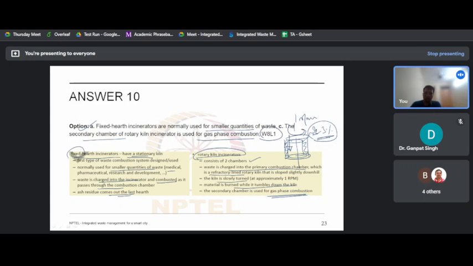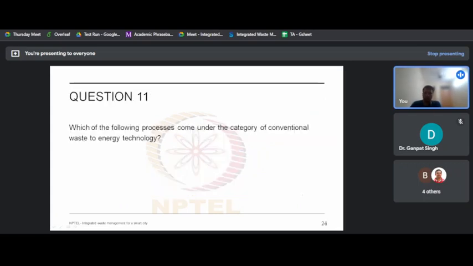Moving on to question number 11. Which of the following processes come under the category of conventional waste to energy technology? The given options are plasma, fluidized bed, pyrolysis and rotary kilns. Here we are concerned about waste to energy.